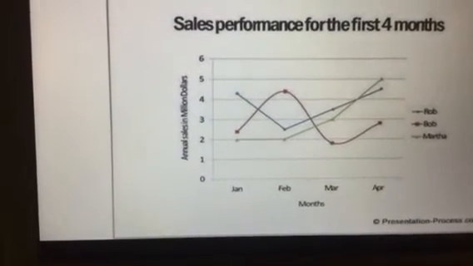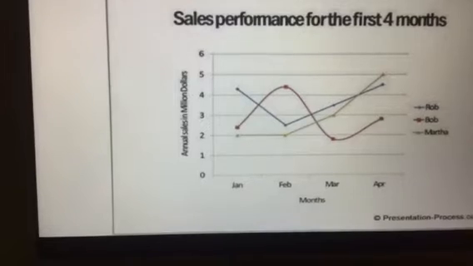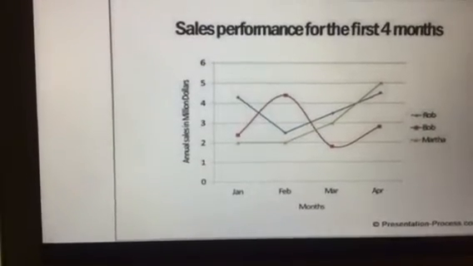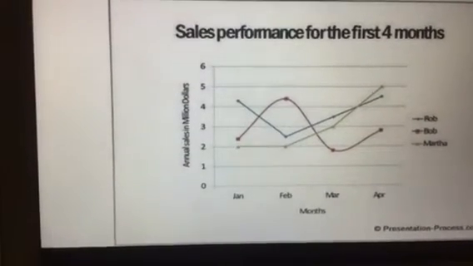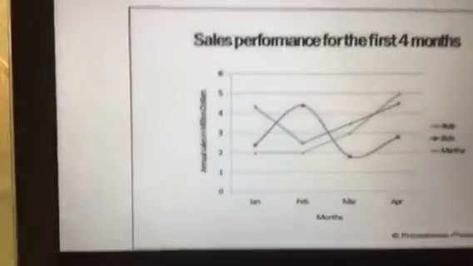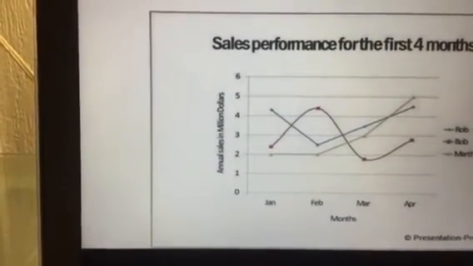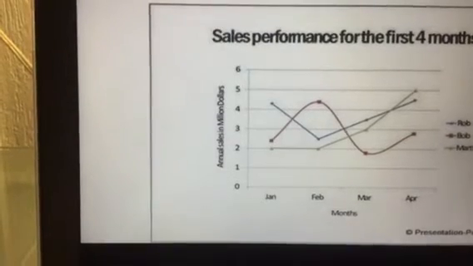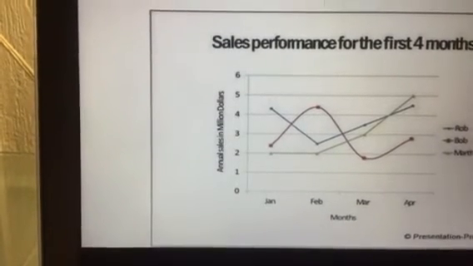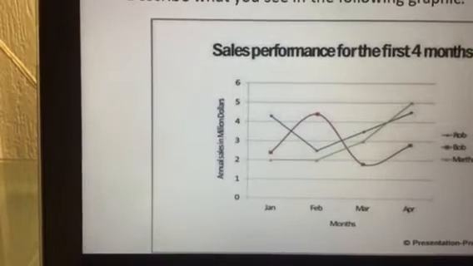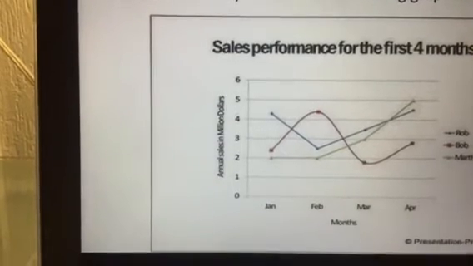Bob started January with a pretty good sale. He sold about $2.5 million, but then we can see there is a peak up to February, because he went from $2.5 million to $4.4 million.